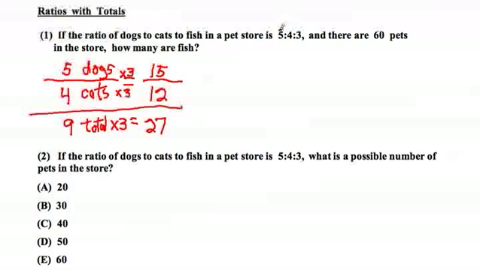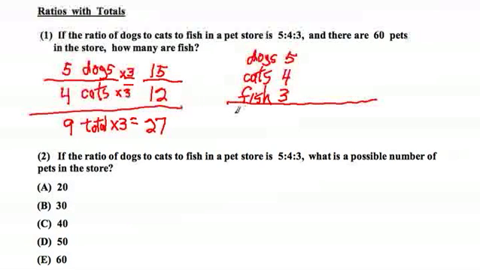So here we're just extending that to 3, so we have dogs to cats to fish. For every 5 dogs, there are 4 cats to 3 fish.